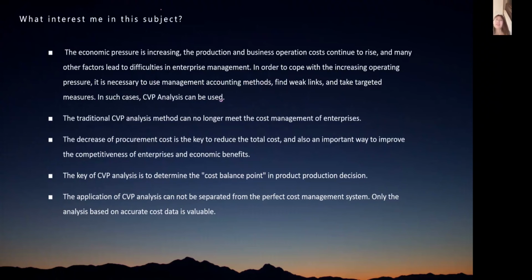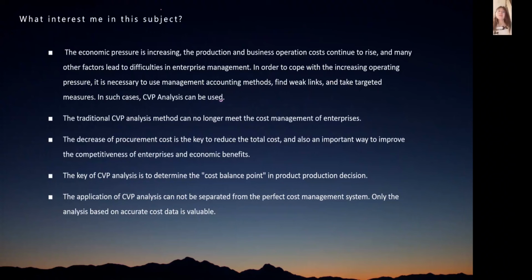Five special price cases under the stochastic CVP model are studied. Demi-Offelino, in the Journal of Accounting Education, analyzed the effects of various factors in CVP analysis on the break-even points, production capacity utilization, and the period required to reach the break-even points.